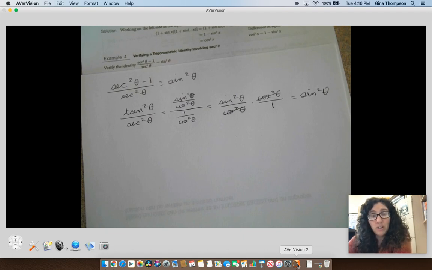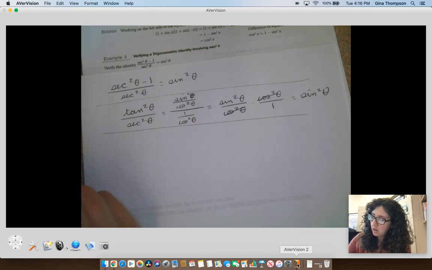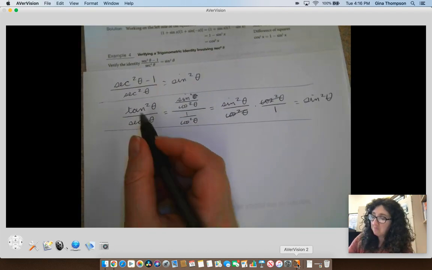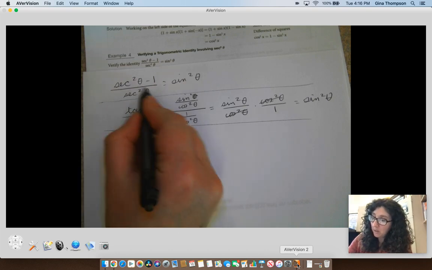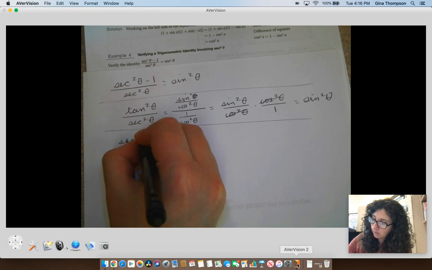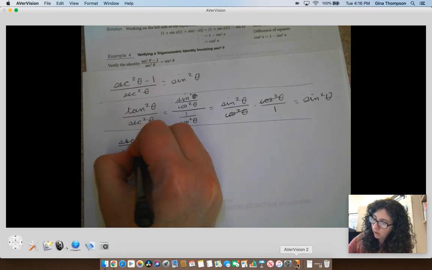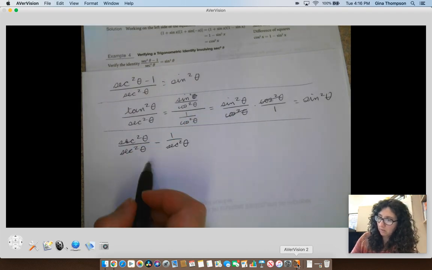Is there a different way I could do this? So here's one way. Do you have any other ideas? There's lots of ways I could do this. What if I divided this into both of these terms? If I split this numerator into 2 terms like this.